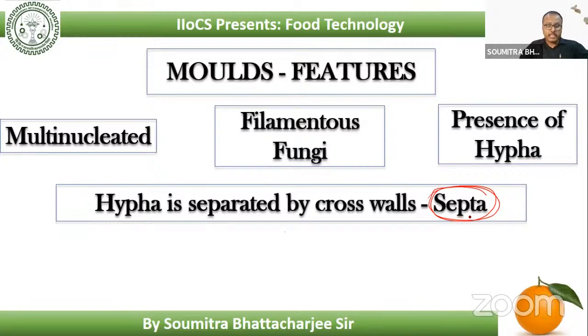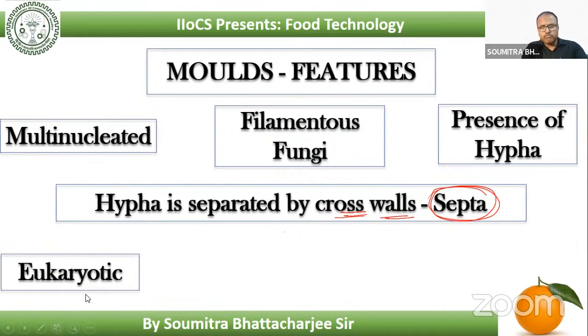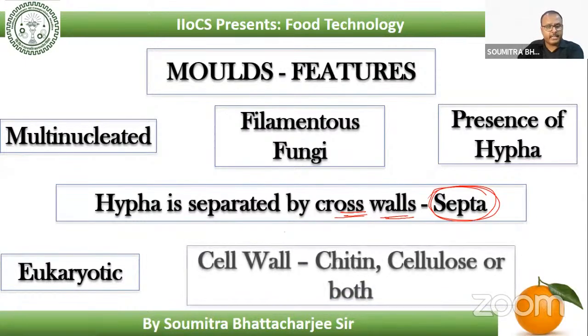As the hypha are multicellular and multinucleated, they are separated by certain cross walls, which we call the septum. This need not be discussed further because fungi are eukaryotic in nature.